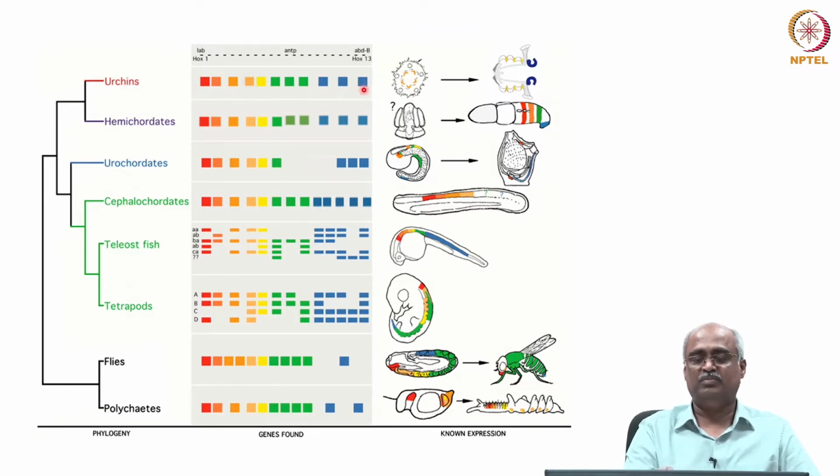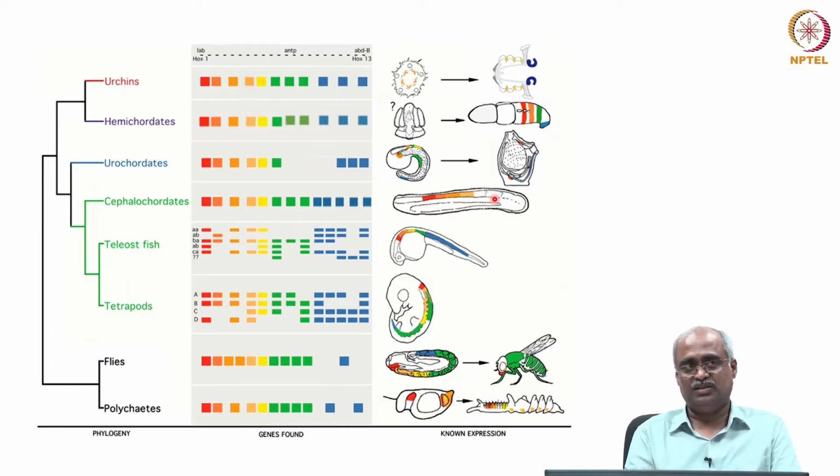The genes towards the 5' end of the chromosome, or in this diagram towards the left end, specify the more anterior structures, and progressively as you go towards the right end of the chromosome, the structures specified are more posterior. So there is a collinearity in the arrangement of HOX genes on the chromosome and the body structures that they specify in the anterior to posterior axis.